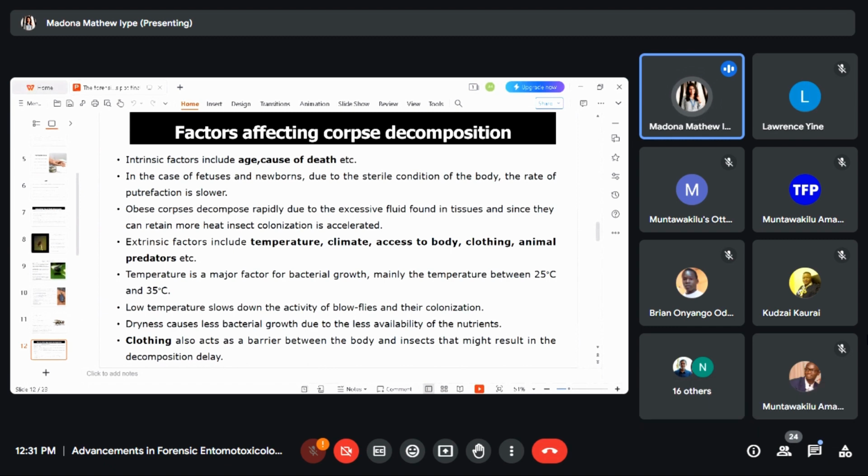In the case of fetuses and newborns, due to the sterile condition of the body, the rate of putrefaction is slower, and once the body is obese or fat, the bloating stage will pass very fast, so it will accelerate the decomposing procedure. Extrinsic or external factors are climatic factors, temperature, rainfall, access to the body, clothing, and animal predators.